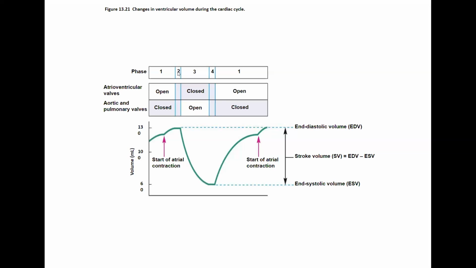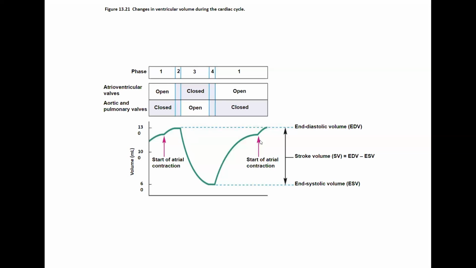Okay. So then in systole, right, we started contracting in phase 2, but now we're doing ventricular ejection during phase 3. So blood is leaving the heart, which means the volume of blood in those ventricles swoops down, right?